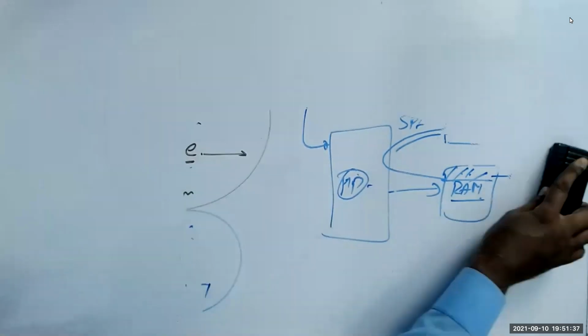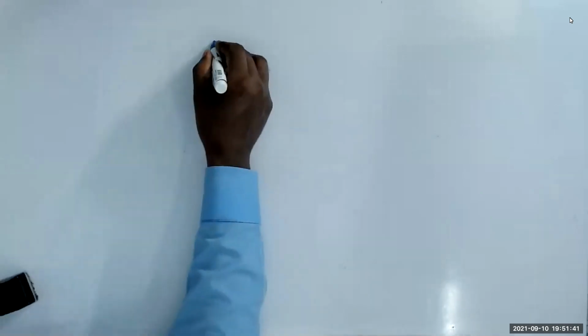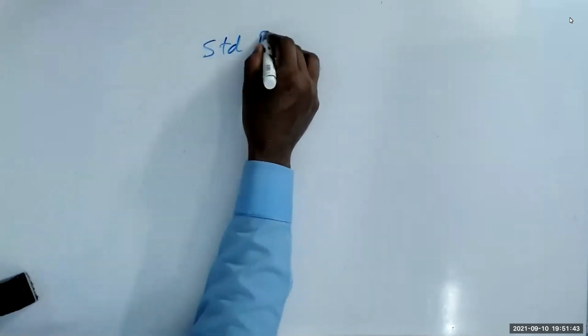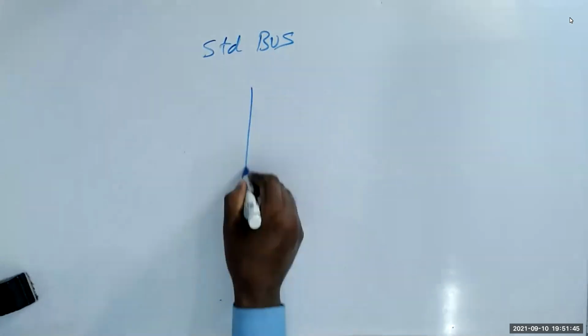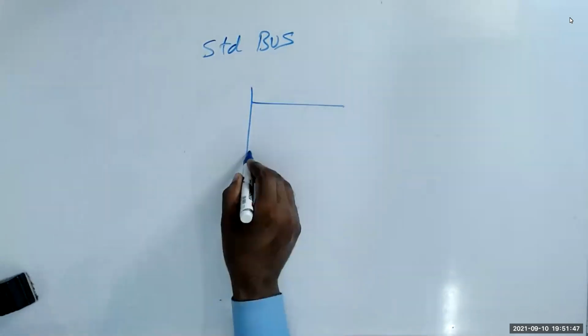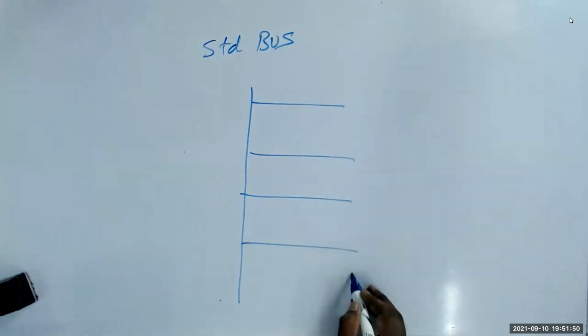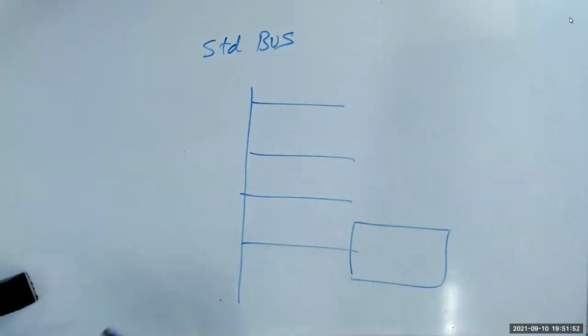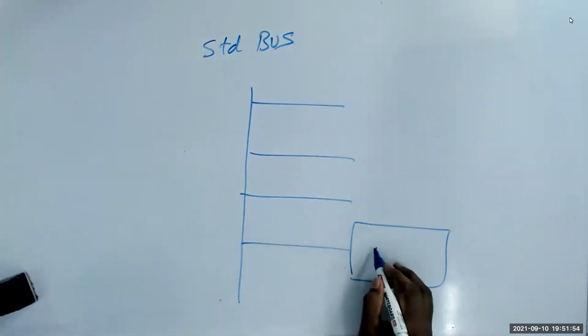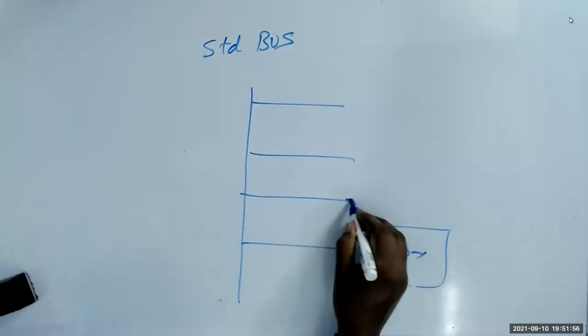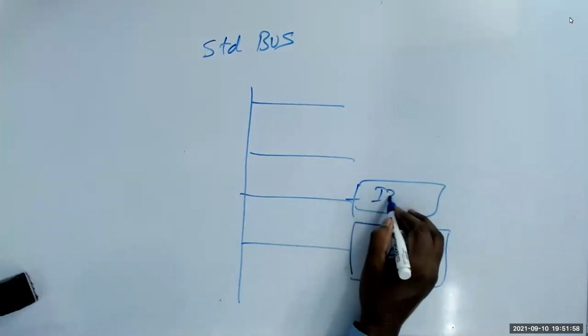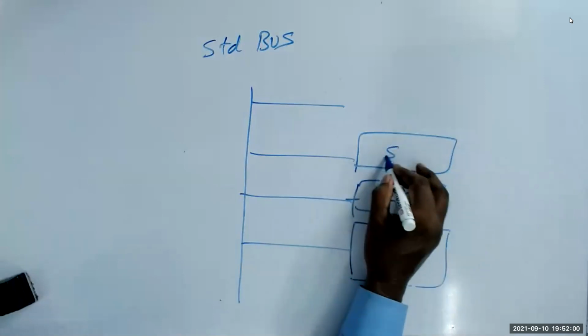Okay. Now we have explained why we need a standard bus. That is, I can connect multiple controllers or devices based on a standard bus. For example, I make a chip with UART. I make a chip with I2C. I make a chip with SPI.